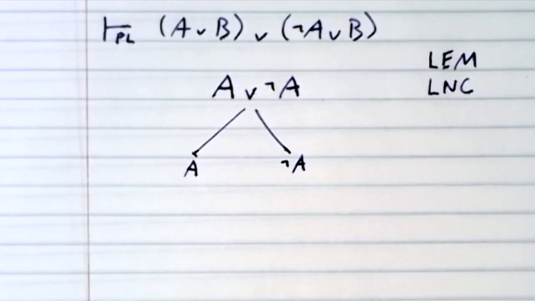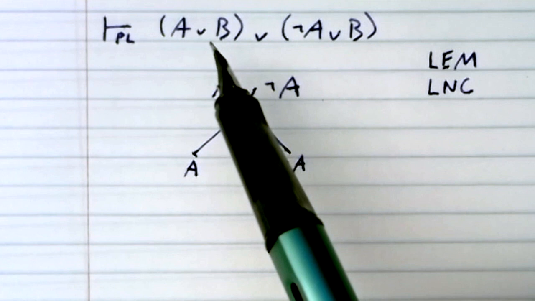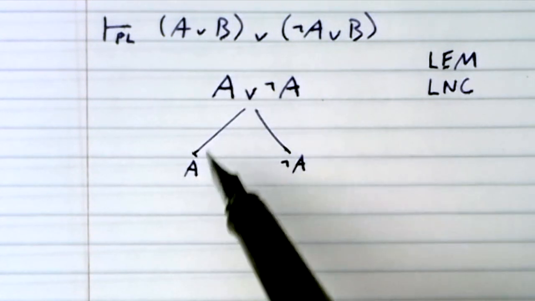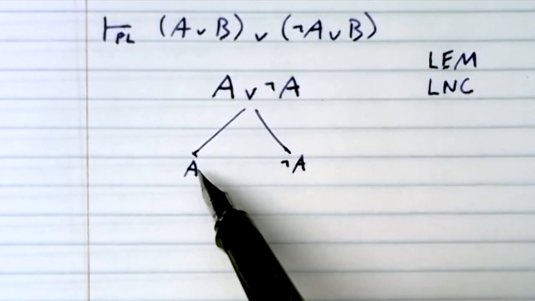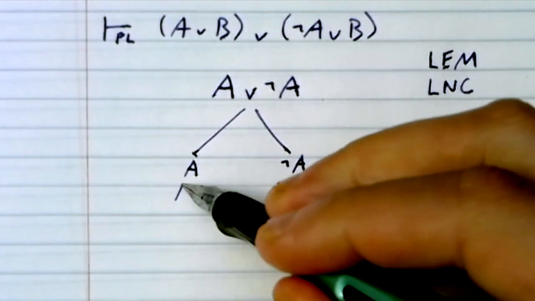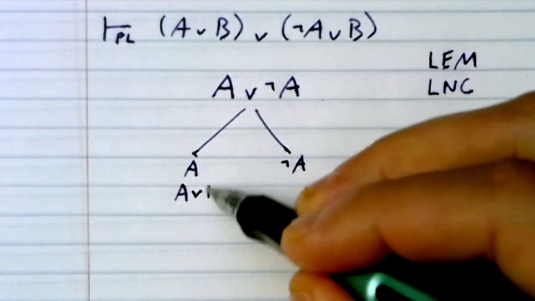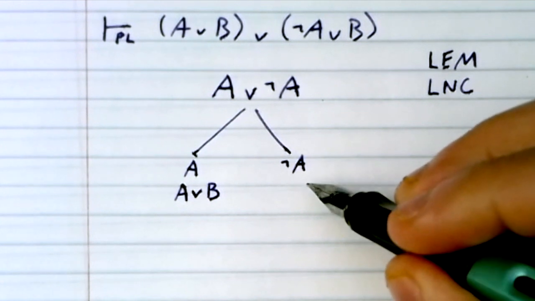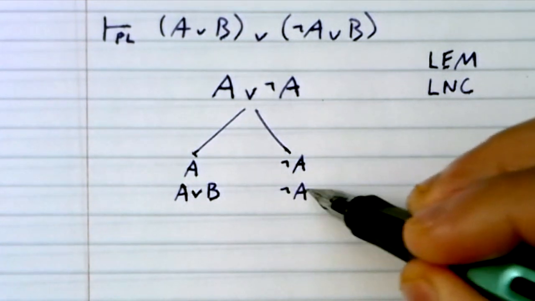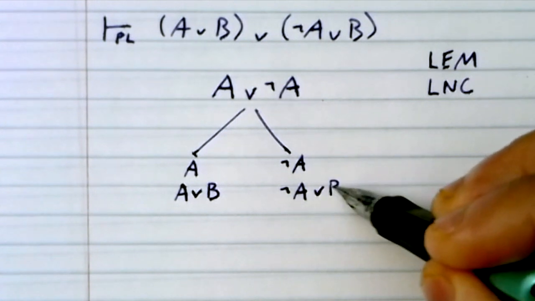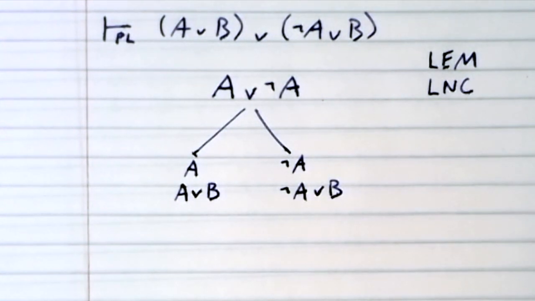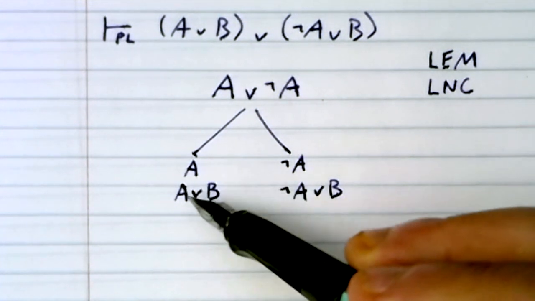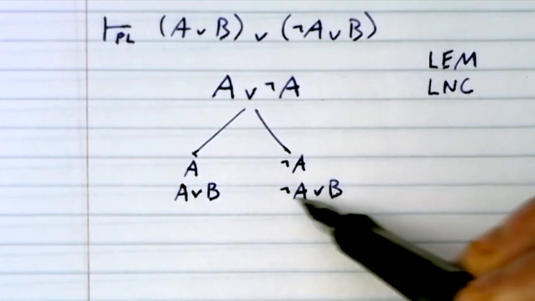So what do you do here? Well, here's what you do. We got this: A or B. We got over here on this possibility, not A or B. These are disjunctions, and of course, because this means at least one, whenever you got A or whatever, whenever you got not A or whatever.